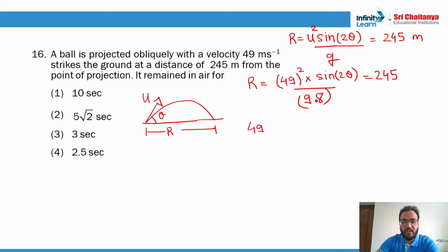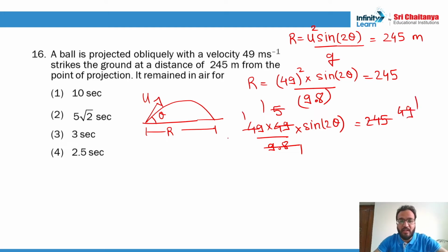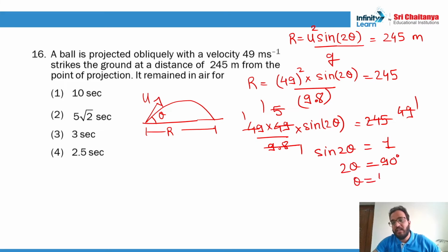Now see, 49 into 49 upon 9.8 into sine 2 theta is equal to 245. 9.8 ones are 9.8, 5s are 5, 5 ones are 5, 49s are 49. Everything gets cancelled out here, and you will say, sir, sine 2 theta is 1, 2 theta is 90 degrees, theta is 45 degrees.